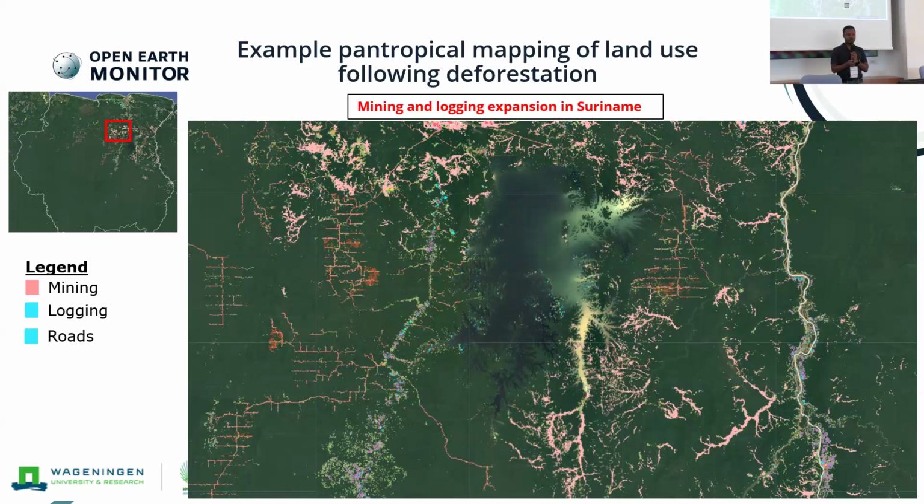This is very useful because there are so many activities taking place, including small-scale agriculture, but also the river systems, the hydrological cycle here, because with mining you have a lot of activities, maybe chemicals, which are used to process and retrieve the mining product, but also logging. This data can be really useful for further studies of what impact there is on forest, but also on humans, because of course we talk about forests, but there is also impact which happens to humans because of these changes which are taking place.